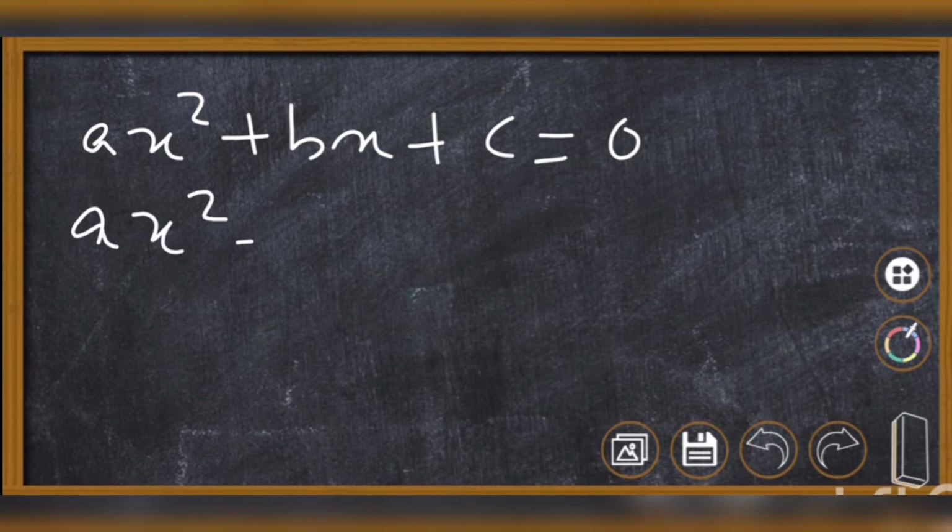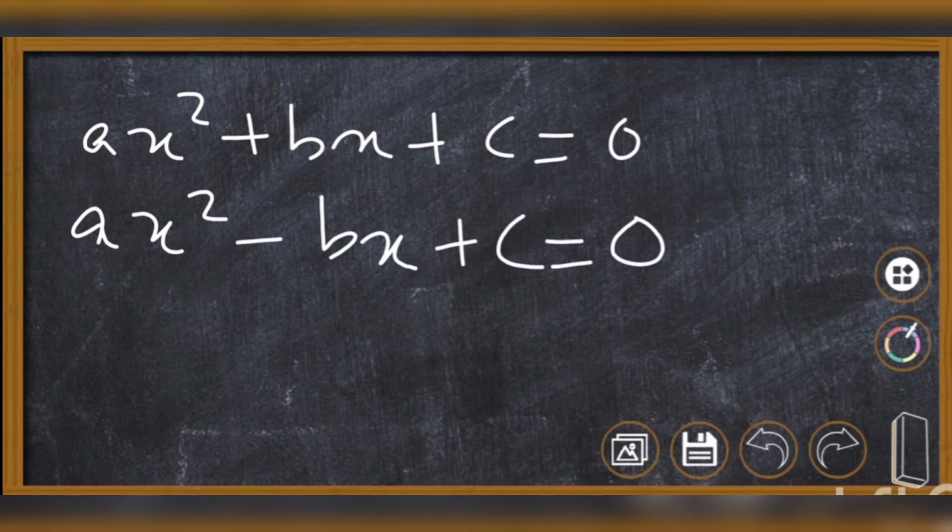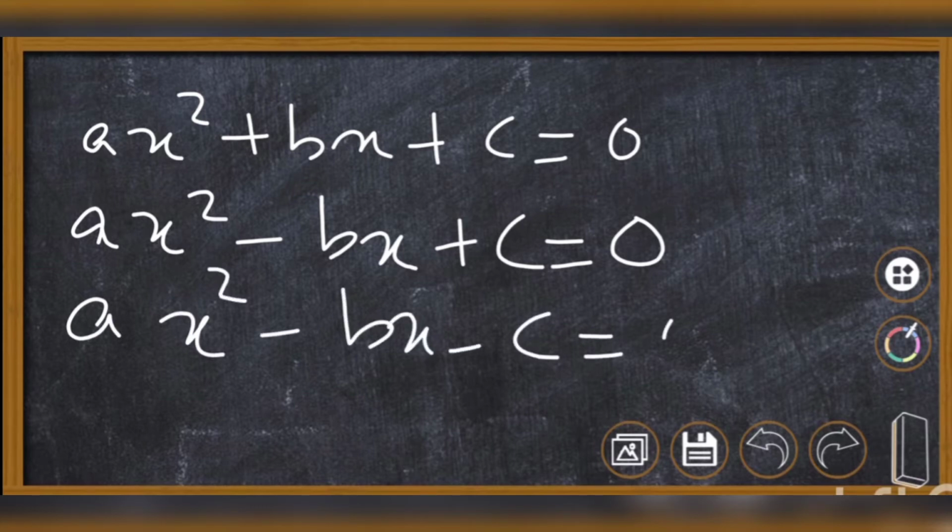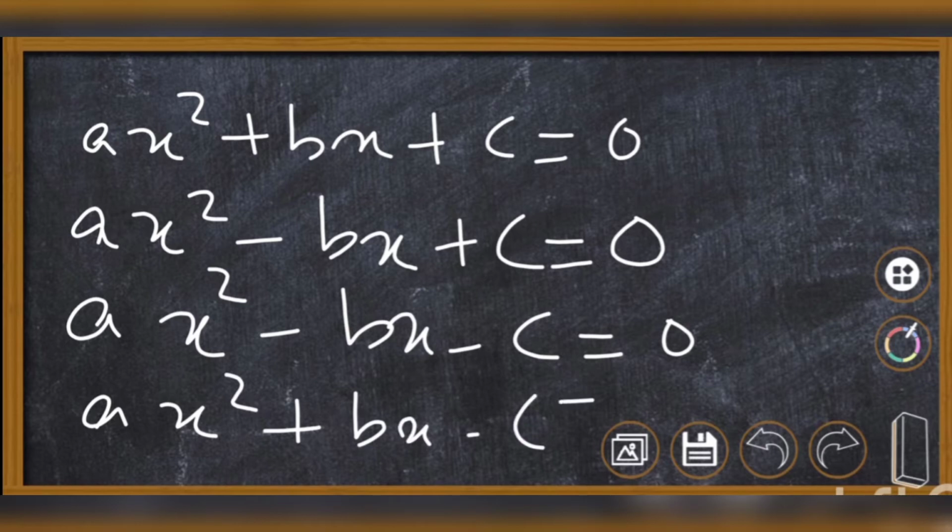The next form is ax square minus bx plus c is equal to 0, where the sign of b becomes negative. Next, ax square minus bx minus c is equal to 0, where both b and c signs are negative. Then ax square plus bx minus c is equal to 0. These are the four forms of equations where the signs of b and c change: plus plus, minus plus, minus minus and plus minus.